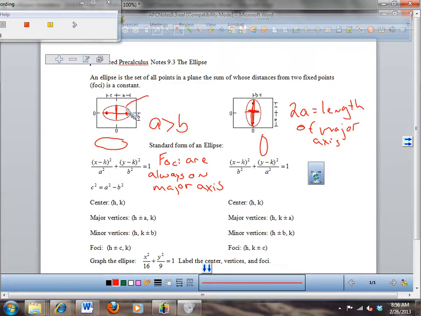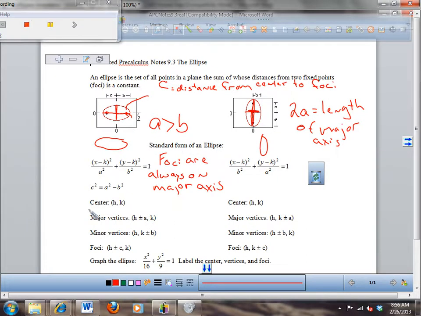And in all cases, the distance from the center to the foci is C. Or the absolute value of C, I should say. Actually C is always fine. C is the distance from the center to the foci.